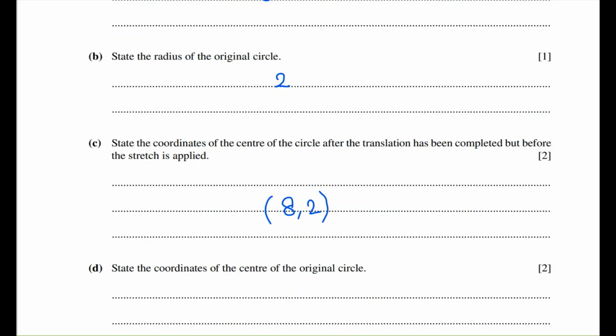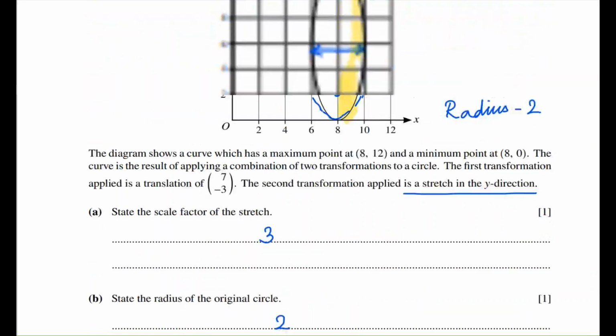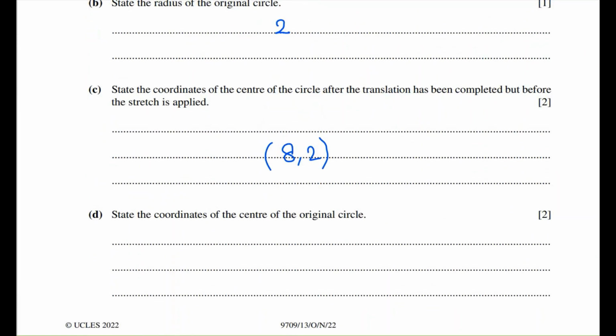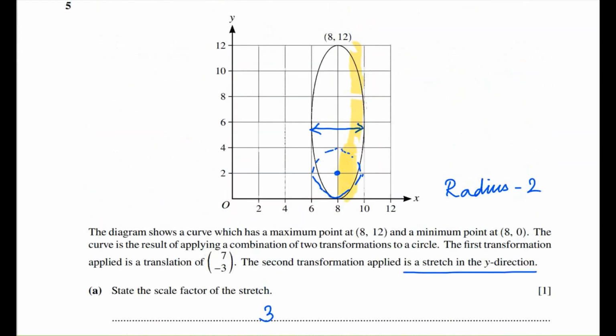The next part is state the coordinates of the center of the original circle. So center of the original circle means before applying the translation also. So the translation is 7, minus 3. Translation vector is 7, minus 3. And after applying the stretch, before applying the stretch, it is at this point 8, 2.